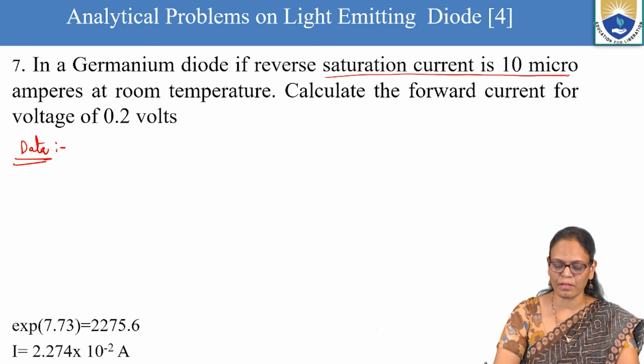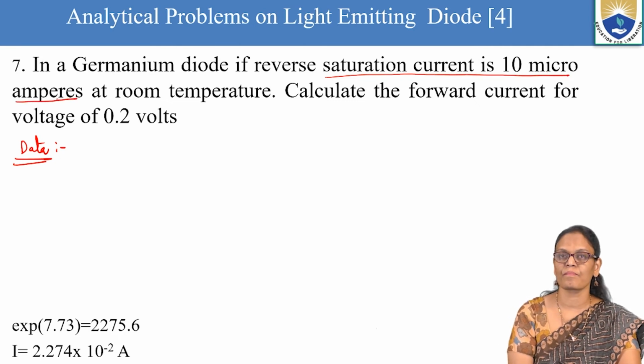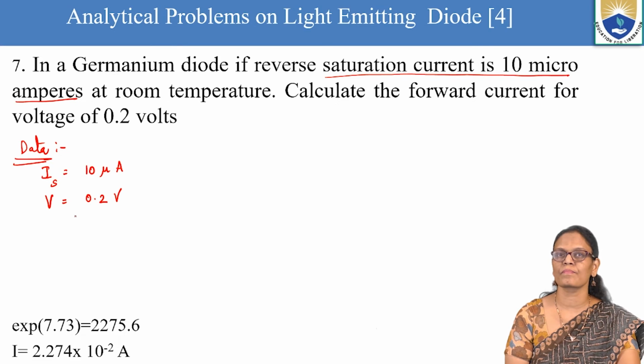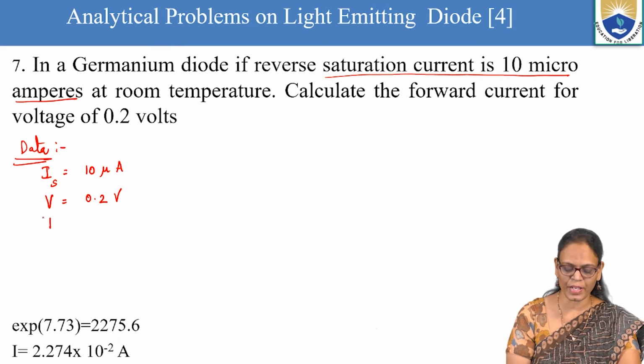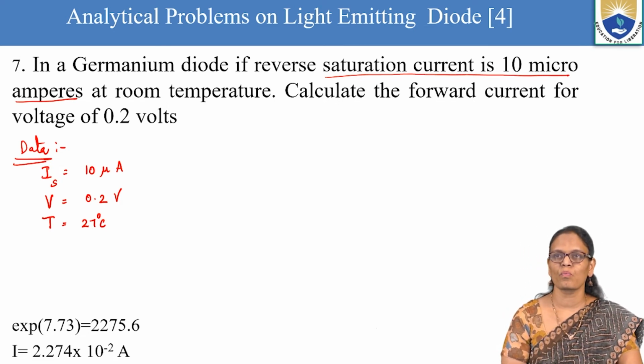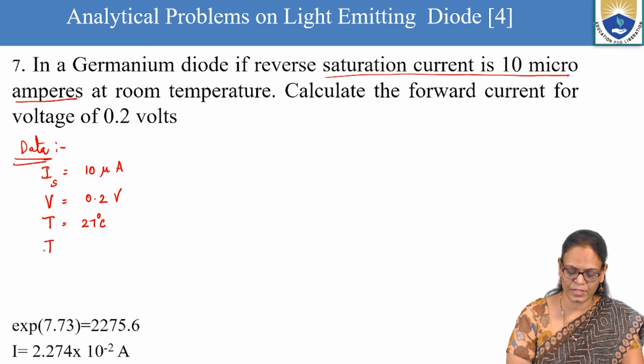Saturation current is 10 microampere. So we write Is is equal to 10 microampere and the voltage given is 0.2 volts and the temperature is room temperature. We take it as 27 degrees Celsius. What we have to calculate is current.